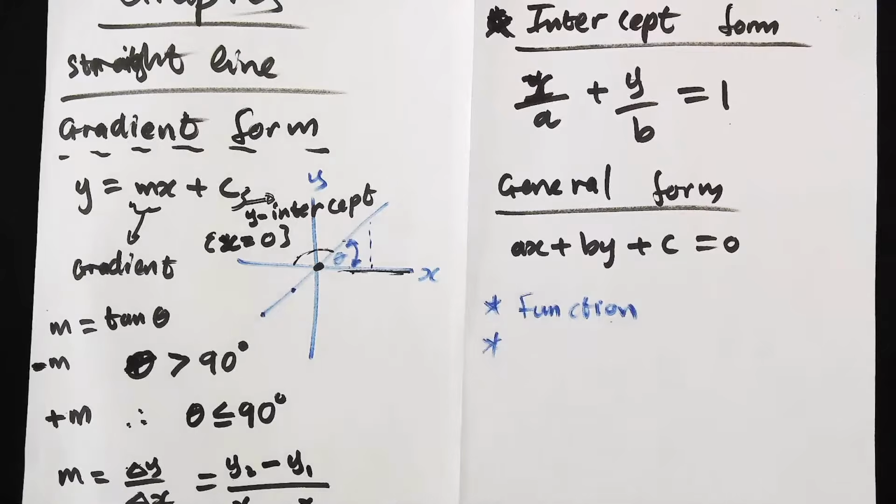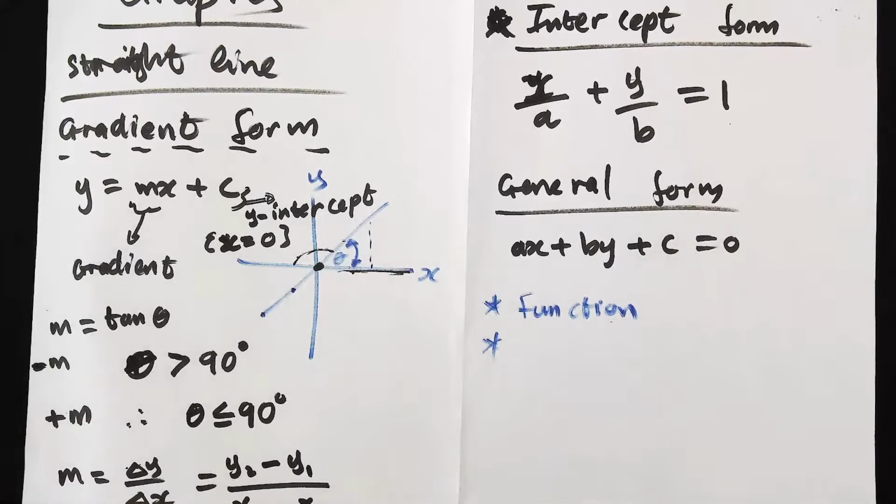Another question we have to answer is: are we having a discontinuous function or a continuous function? If you look at the graph, are you lifting up your pen and redrawing on another axis?